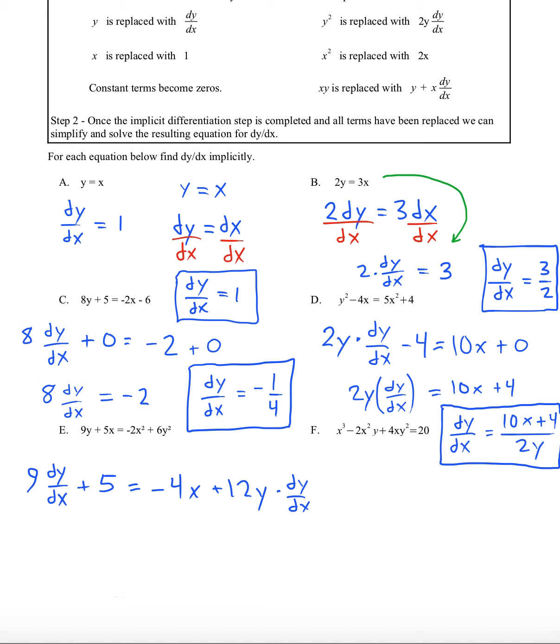All right, so hopefully you got that far with it. The next thing to do is to actually solve for dy over dx, so we're going to have to get the like terms on one side. So I'm going to move this part over. And I'll move the 5 to the other side. We now want to factor out the common dy over dx.